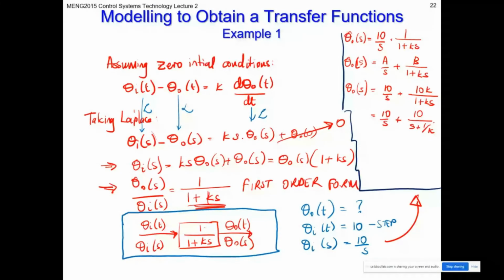Because now we've got this term in the s plus a format. And we know when we have a function that has an s plus a format, then we can take the inverse Laplace transform of that. The inverse Laplace transform of this part is just going to give us 10. 10 upon s is 10 times 1 upon s, which is 10, plus 10 times 1 over s plus a, where a is 1 upon k.